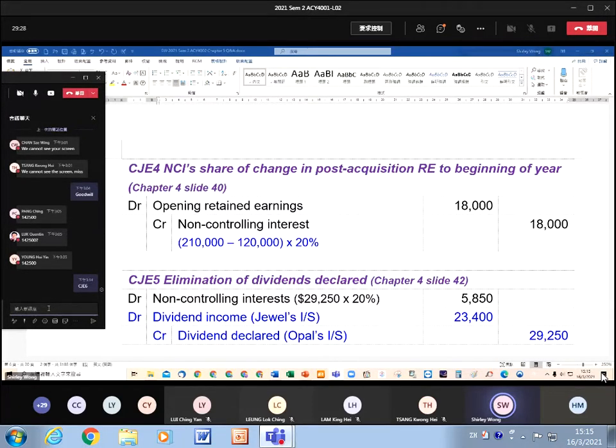Anyone? How much profit is shared to the NCI per this question?